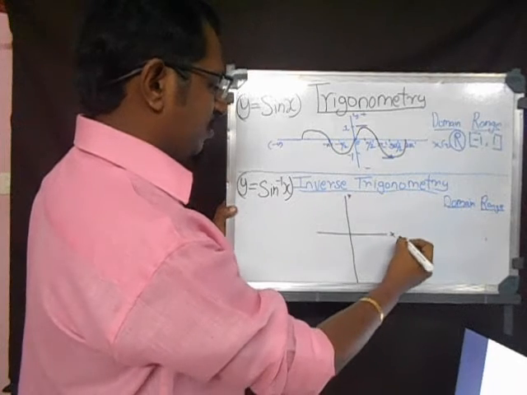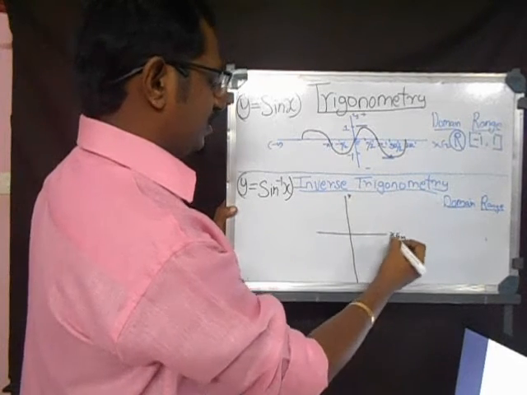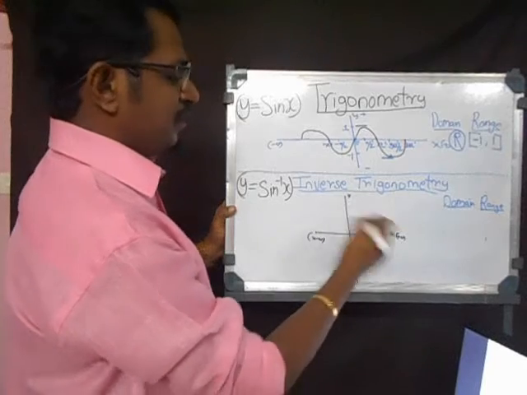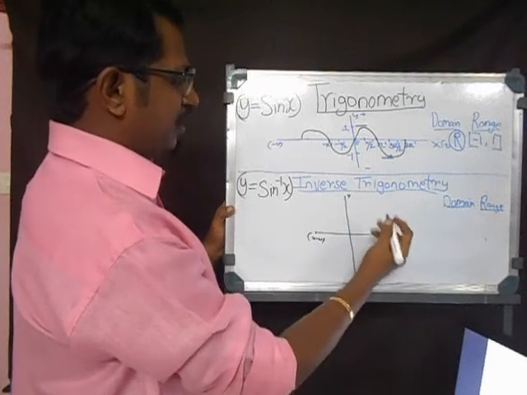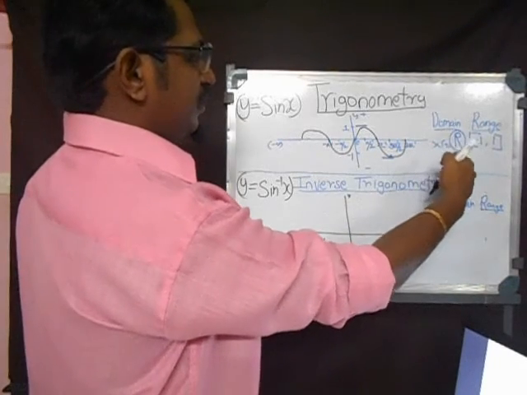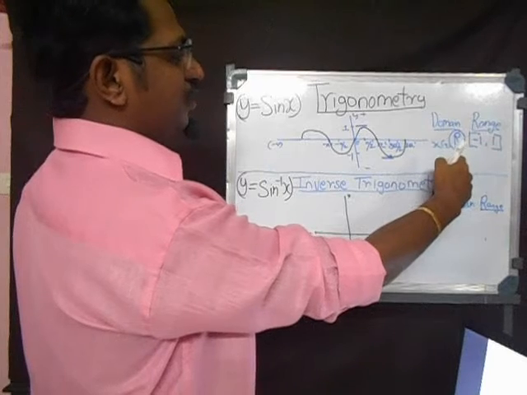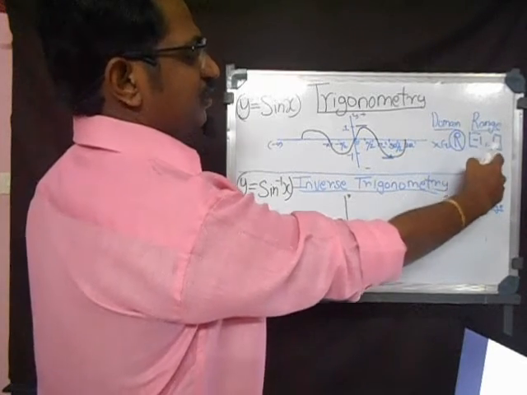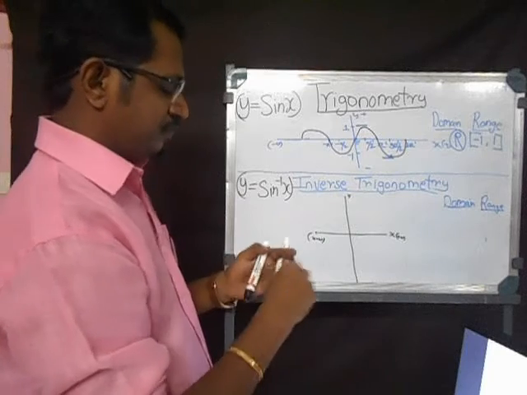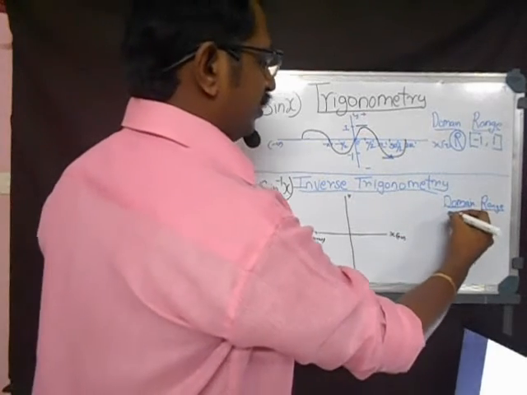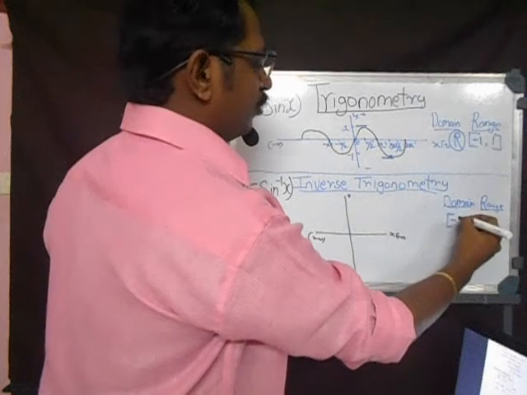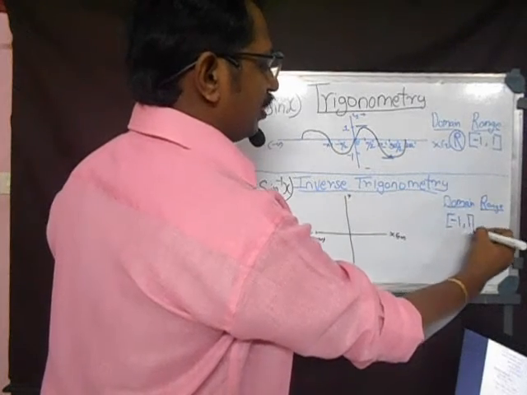I have drawn a big y-axis and the x-axis is shortened. Previously the domain was real numbers and the range was minus 1 to 1. This time, because it is reversed, the domain is minus 1 comma plus 1.